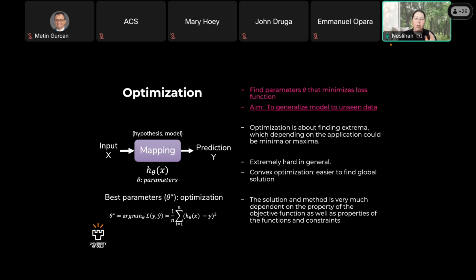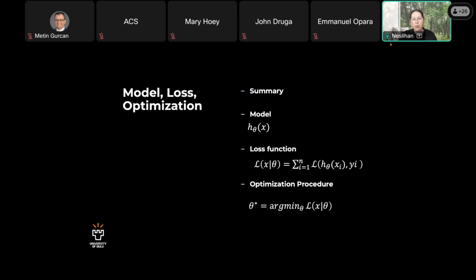To summarize, H theta is our model that we selected among different models. It has parameters denoted by theta. Then we define an objective function, a loss function, for example, the difference between the model's predicted values and the true values. Then we use optimization techniques to find the parameters that minimize our cost function.